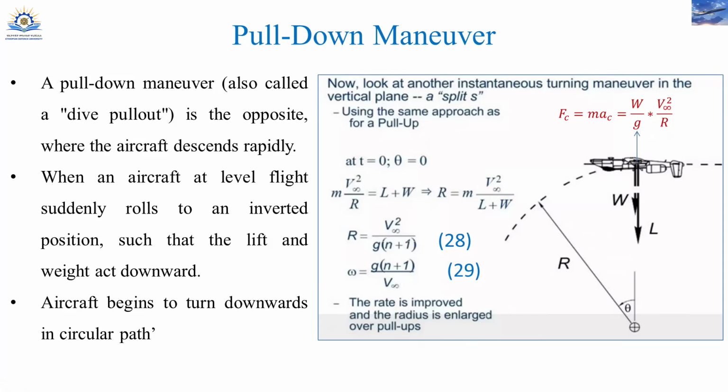And omega is G times (N plus 1) over V, because omega is V over R. So you can put the R value in, and finally omega is G times (N plus 1) divided by velocity.